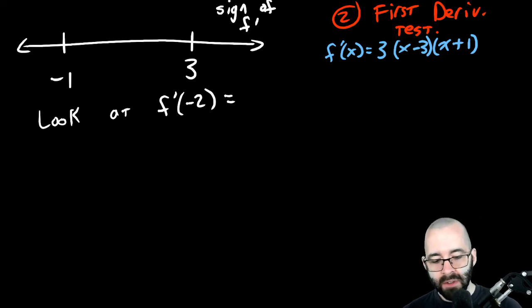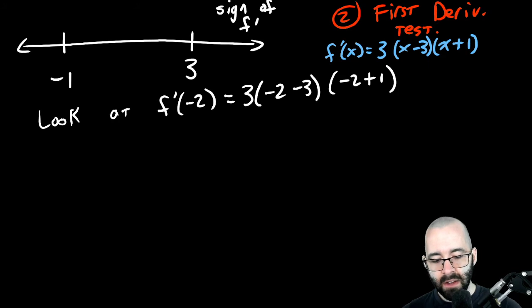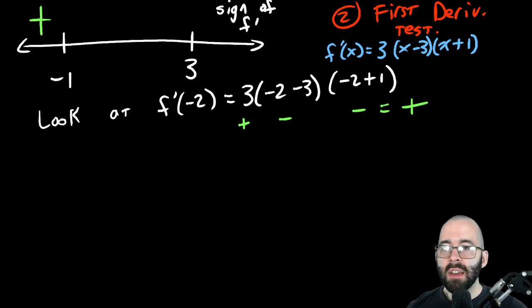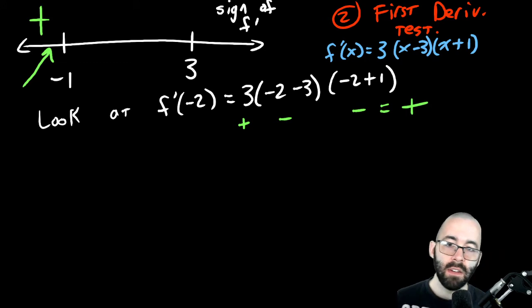So when we plug in -2, we don't even need a calculator. All we need to do is look at the sign. This is a positive times a negative times a negative. What does that equal? That equals a positive. So in this entire interval, everywhere to the left of -1, the function is increasing.